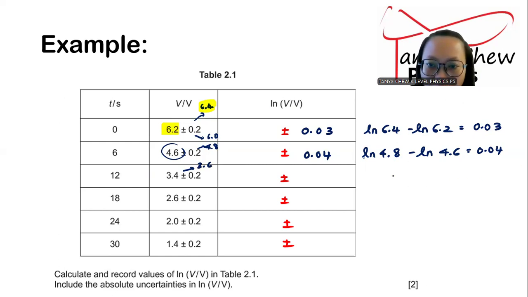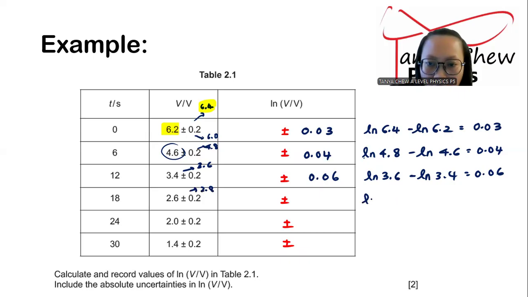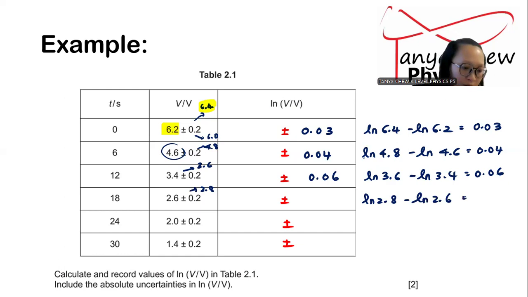Then use the highest value, ln 3.6 minus ln 3.4, that gives you 0.06, 1 SF. Here, the next one, 2.6 plus 0.2 is 2.8. So use ln 2.8 minus ln 2.6, and you got 0.07.